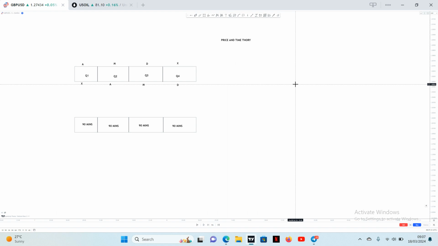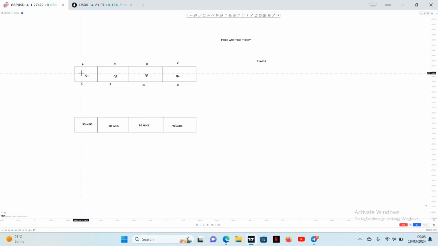If we start from the yearly, you understand that the year is made up of 12 months. If we divide those 12 months by 4, we'll have 4 quarters of 3 months each.